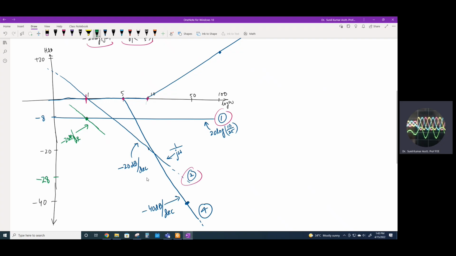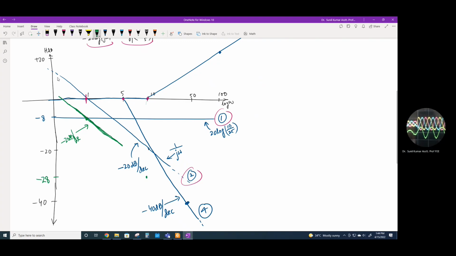So at omega equals 10, it should reach somewhere here, but we will not extend it for omega greater than 5, because at omega equals 5, we have the effect of this other line number 4. So we will just stop it at omega equals 5.